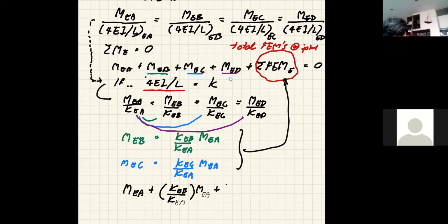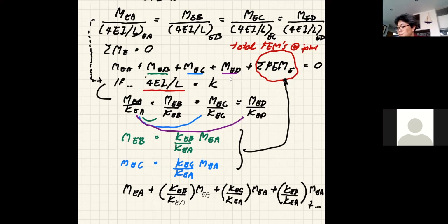So for those with the problem, I'll change that: KEC over KEA multiplied by MEA again, plus KED over KEA and then MEA, and then plus the friction moment, okay?